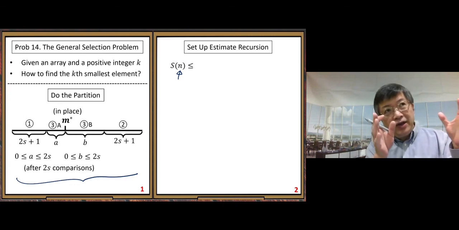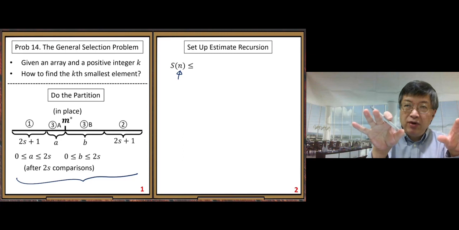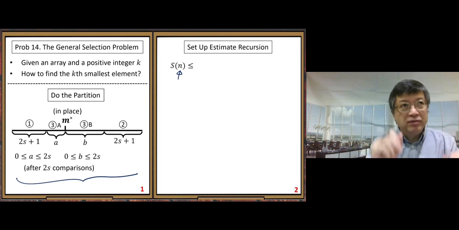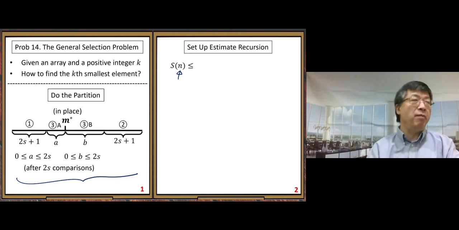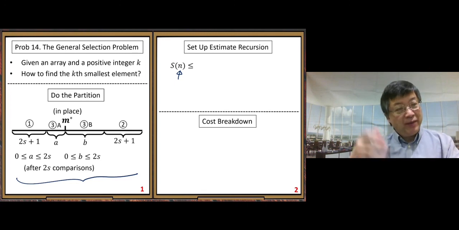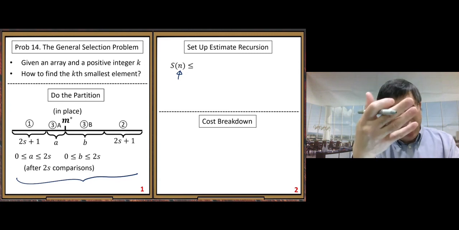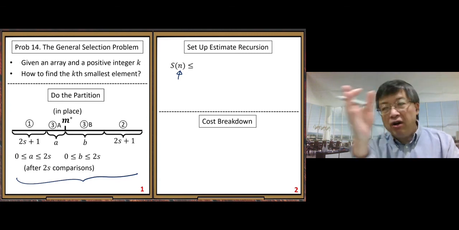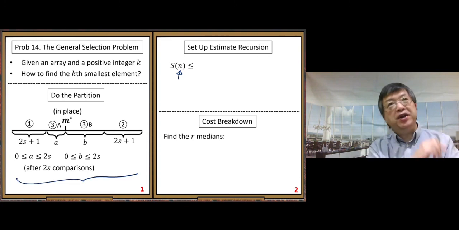To do that with divide and conquer, we split into several steps. So let's look at the number of comparisons for each step. Cost breakdown, because we need to do some calculation to help us get the terms. First, find the R medians.